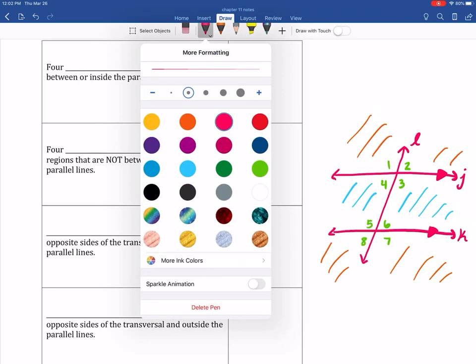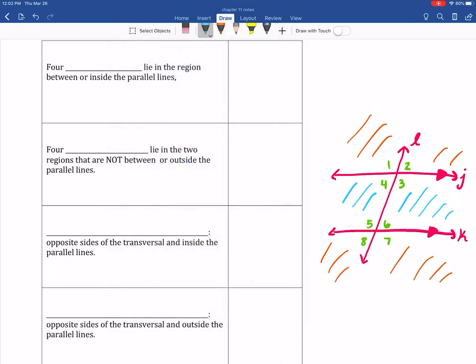So the 4 interior angles lie between or inside the parallel lines. So the ones that are inside would be angle 3, angle 4, angle 5, and angle 6.